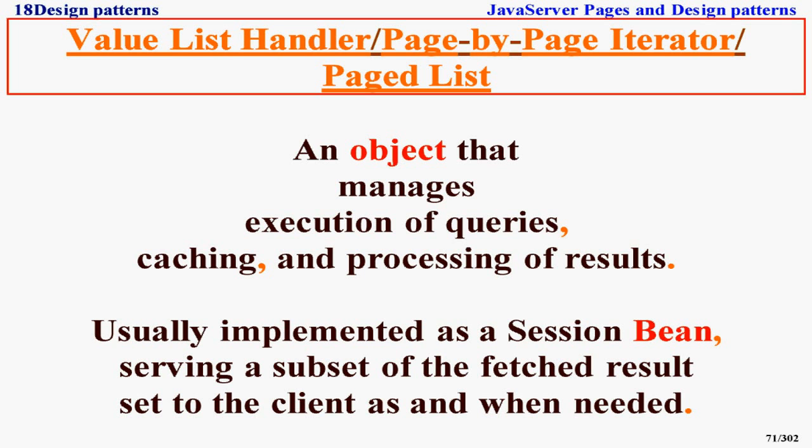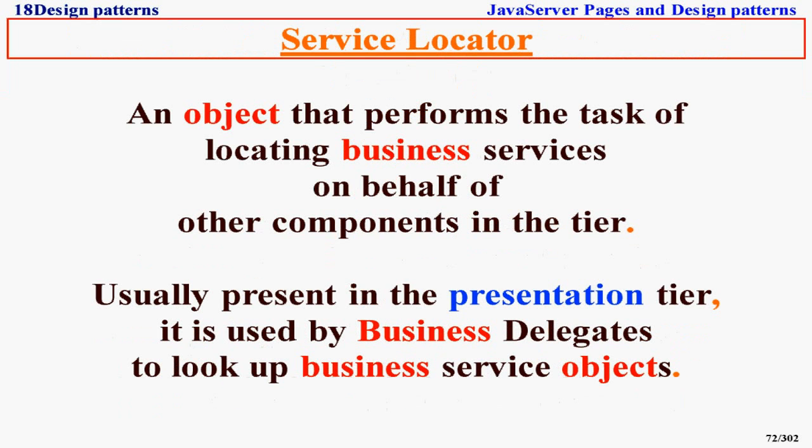Usually implemented as a session bean, it serves a subset of the fetched result set to the client as and when needed. Service Locator: an object that performs the task of locating business services on behalf of other components in the tier. Usually present in the presentation tier, it is used by business delegates to look up business service objects.